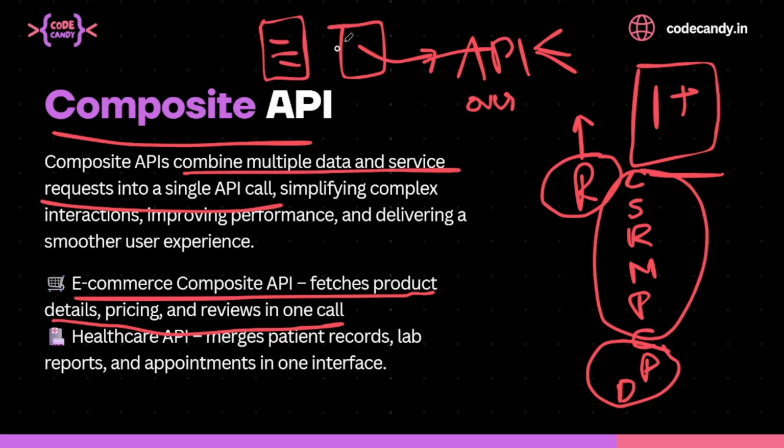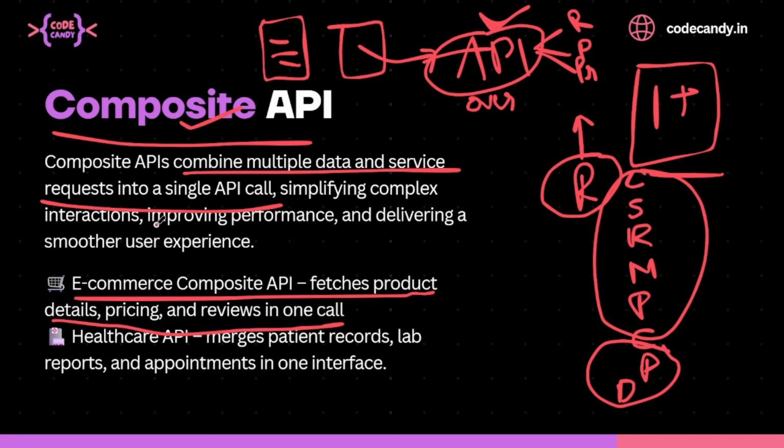For smooth transitions from screen to screen, we should not bombard the screen with multiple APIs. Instead, I will call only one API which fetches reviews, product details, and pricing details all at once. This is called a composite API.